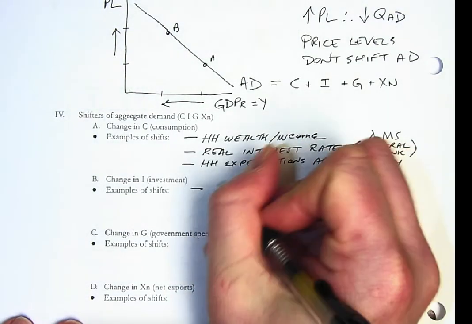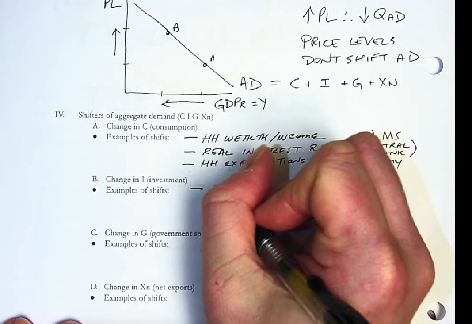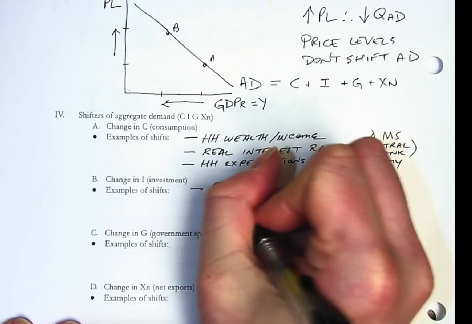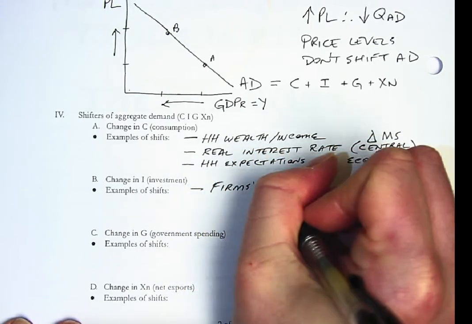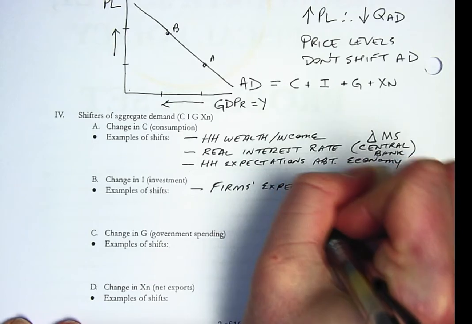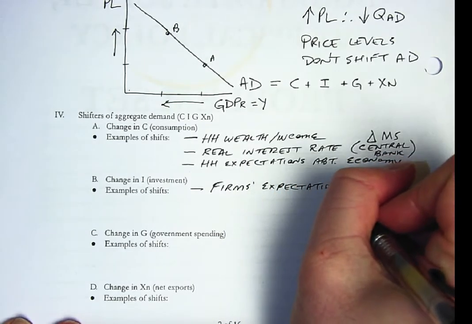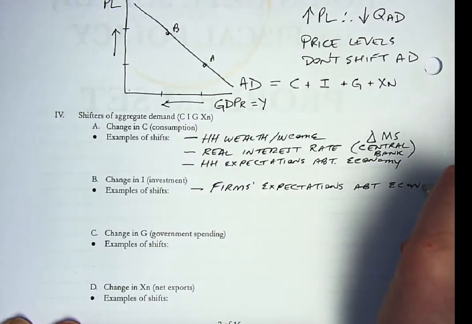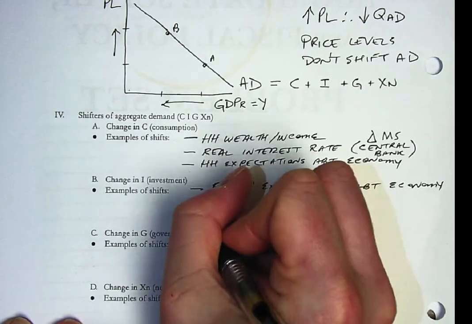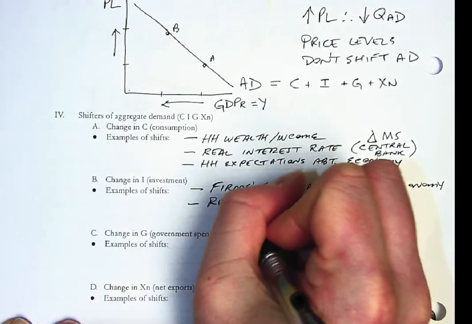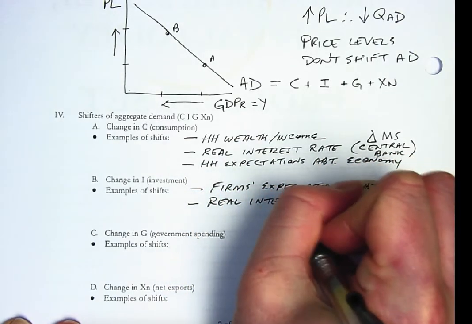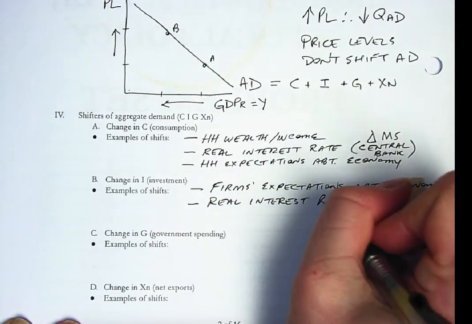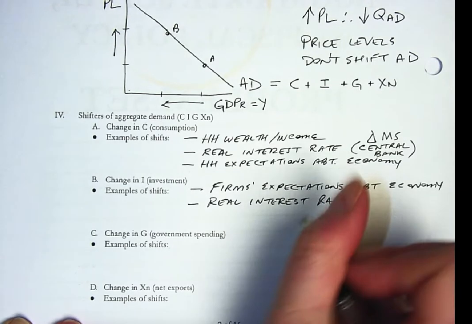For investment, it's firms' expectations about the economy. Their expectations matter about the economy. And we'd say real interest rates, and these are exactly the same as in that first one.